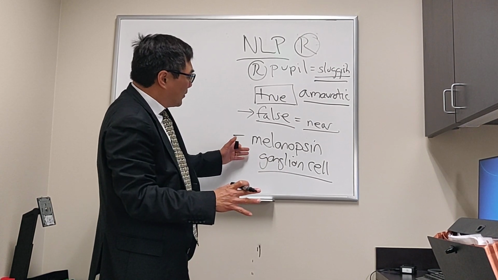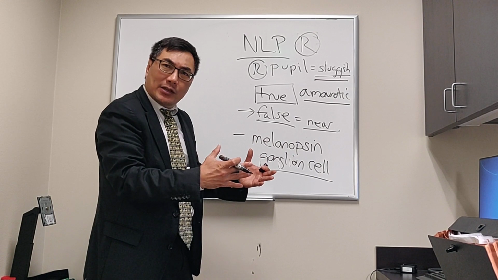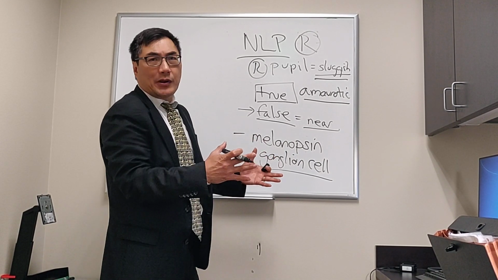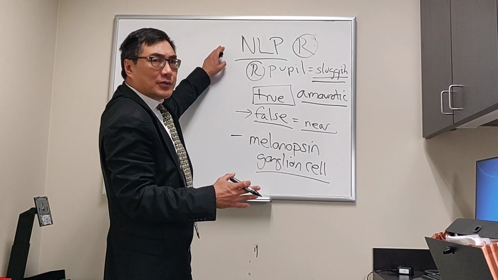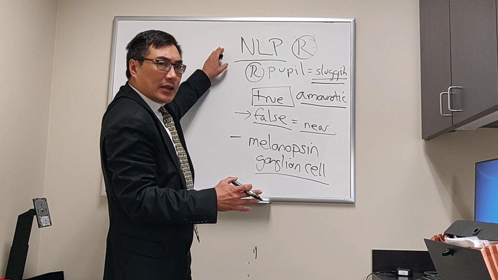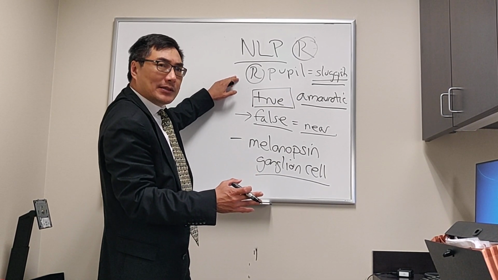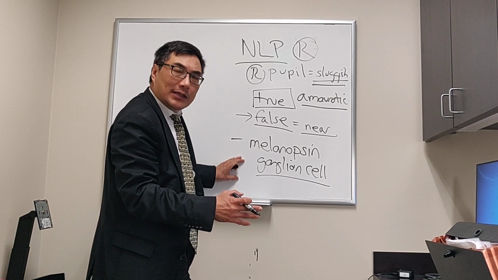It is responsible for seeing light and providing information for things like circadian rhythm and input to the non-visual parts of your brain. And so you might have a true no light perception eye from an anterior visual pathway lesion like optic neuropathy, and that right pupil might be sluggish and reactive from stimulation of the melanopsin ganglion cell.